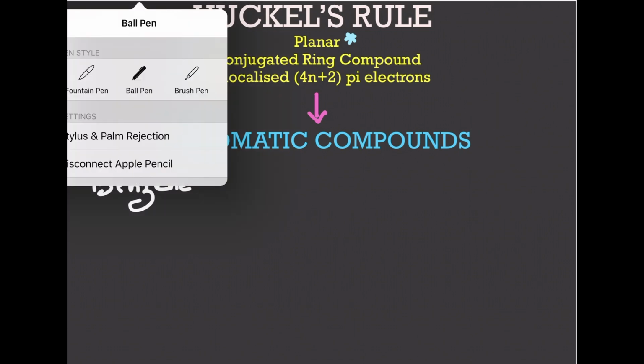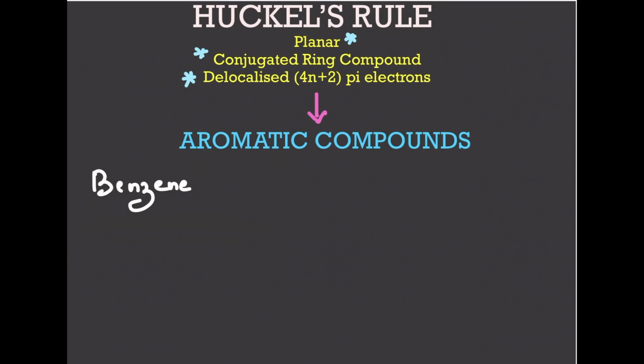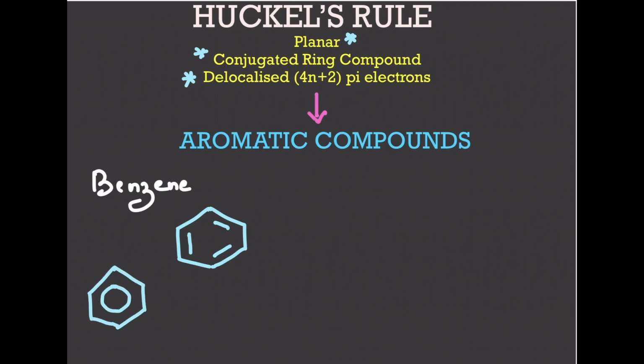The first compound that was discovered to be aromatic was benzene. It's the simplest aromatic compound, and as you can see here, this is the structure of benzene. It has 3 pi bonds in its ring, and these pi electrons are delocalized, so most of the time we write the resonance hybrid of benzene as this, and we have already discussed this in resonance.